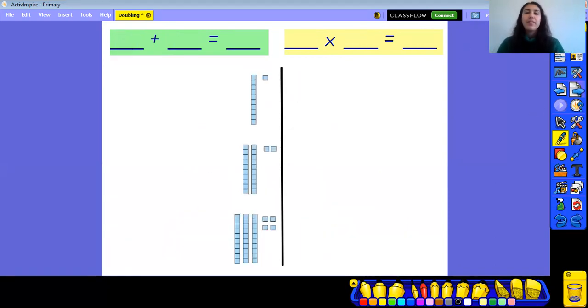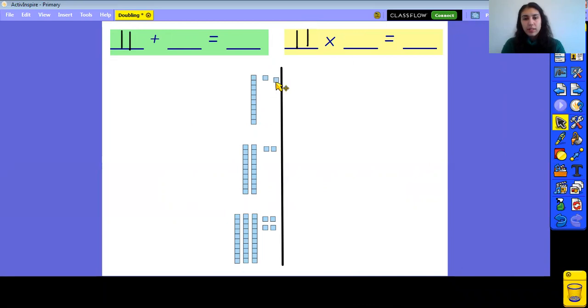Having a go at what happens then when we've got slightly larger 2-digit numbers. Well, what we can do here is use our partitioning knowledge. Partitioning, remember, means breaking up a number into smaller parts. So what am I starting with here? I'm starting with 1 10 and 1 1, so I'm starting with 11. Now remember, we're doubling that number.